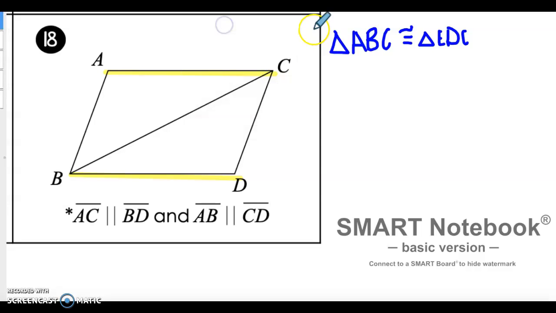Remember, you mark lines as parallel by adding an arrow onto them. So now our picture says that AC is parallel to BD. And it also says that AB is parallel to CD.